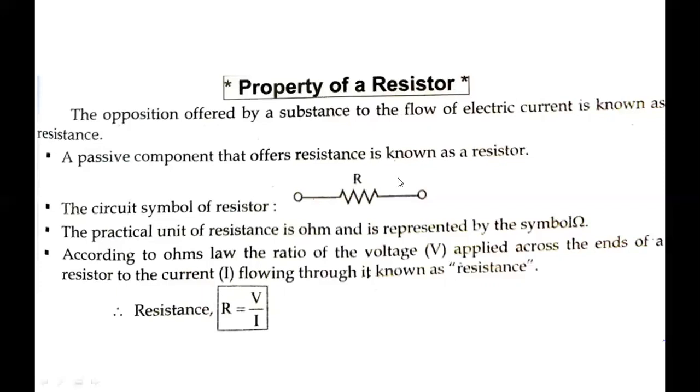This is the symbol for the resistor, and the unit is ohm, represented by the ohm symbol. According to Ohm's law, the ratio of the applied voltage to the current flowing through the conductor is known as resistance. R is equal to V by I.